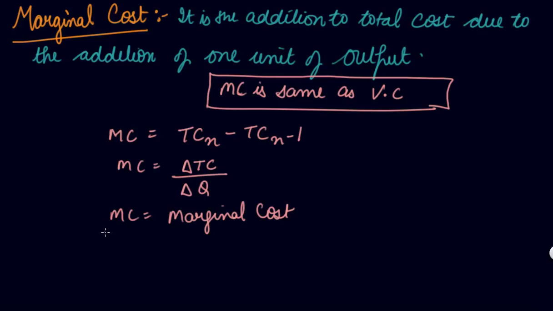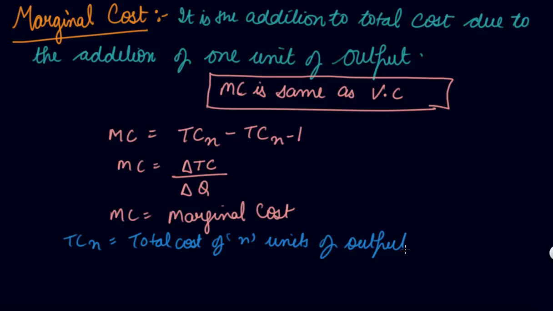your TCn is the total cost of n units of output. Your TCn minus 1 is the total cost of n minus 1 units of output.